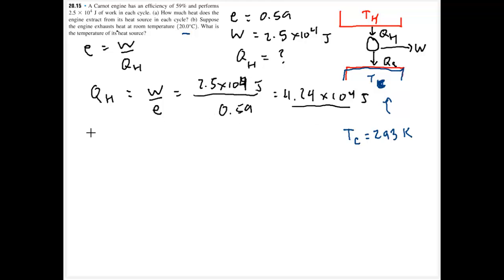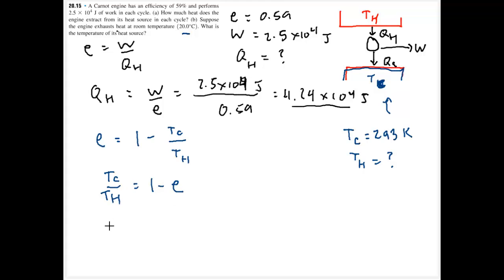Now I know that I can write the efficiency for a Carnot engine to be equal to 1 minus the temperature of the cold reservoir over the temperature of the hot reservoir. I'm asked to solve for the temperature of the hot reservoir. So quite simply, temperature cold over temperature hot is going to be 1 minus the efficiency.